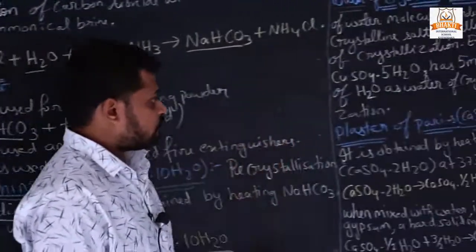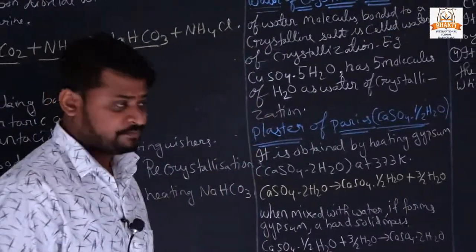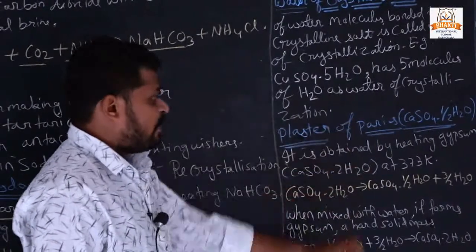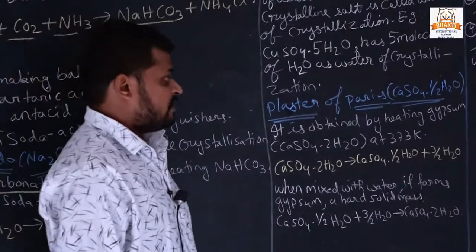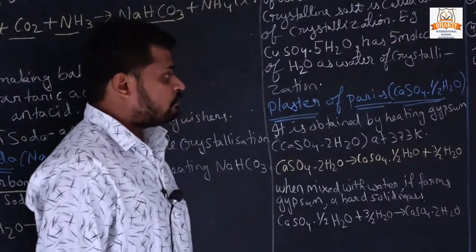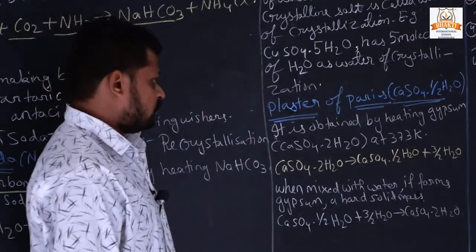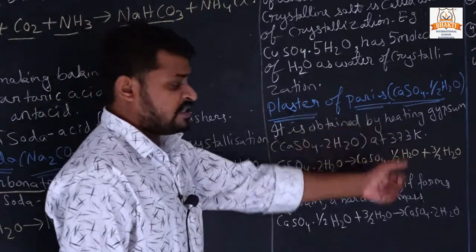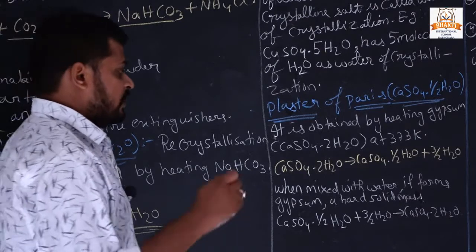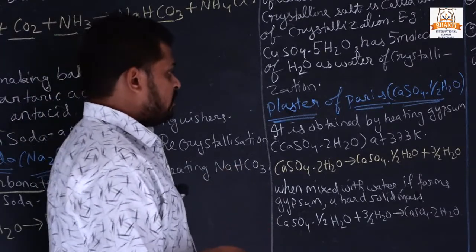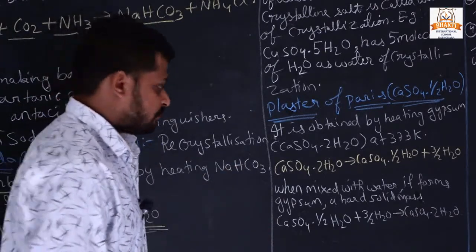Same here in copper sulfate. Plaster of Paris, it is the last topic. Plaster of Paris, CaSO4.1/2H2O. It is obtained by heating gypsum. Gypsum is a substance, and when we heat gypsum, we get plaster of Paris.